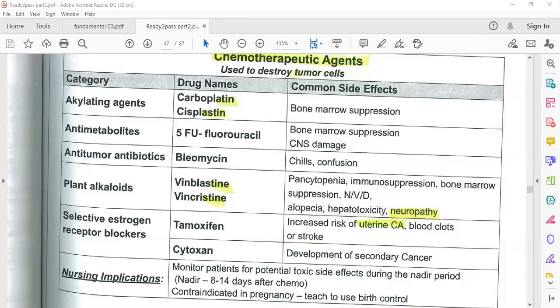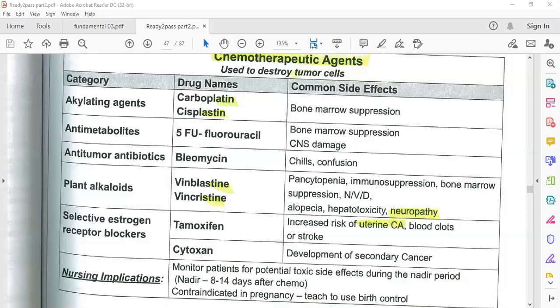The most common side effect of cyclophosphamide, they can cause infection because they are immunosuppressant, or they cause hepatotoxicity, meaning they can cause liver problems. They can cause nephrotoxicity, meaning kidney problems. They can cause GI upset or hirsutism.